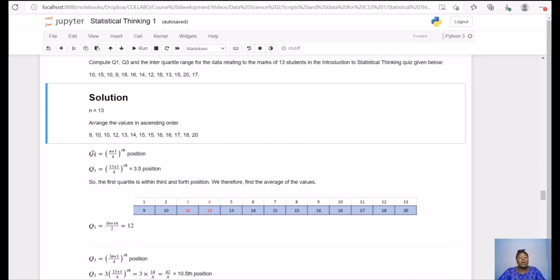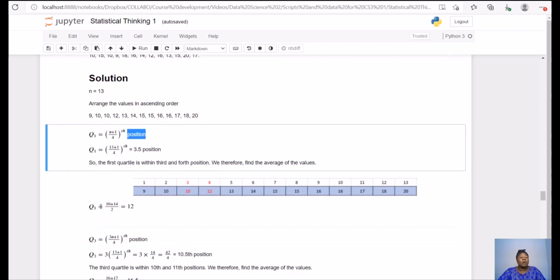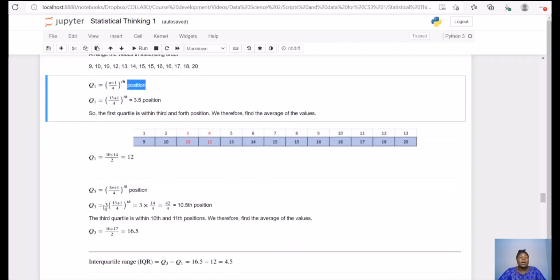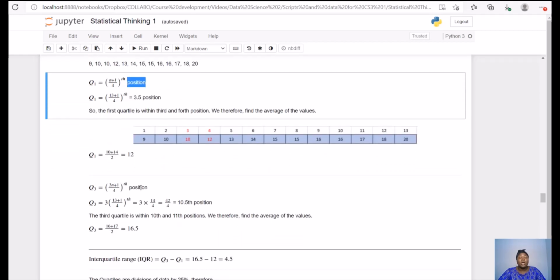Remember that our Q1 is at the (n plus 1) divided by 4 position. So 12 is our Q1, and you use the same approach to calculate Q3, and for Q3 we have it at the 10.5th position.